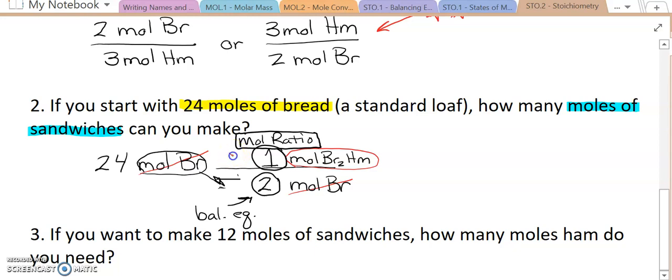And mathematically then, this is just multiplying across the top and dividing by anything that's on the bottom. So I'm going to take 24 times 1 and divide it by 2. And so if I have 24 moles of bread or 24 pieces of bread, I can make 12 moles of sandwich.